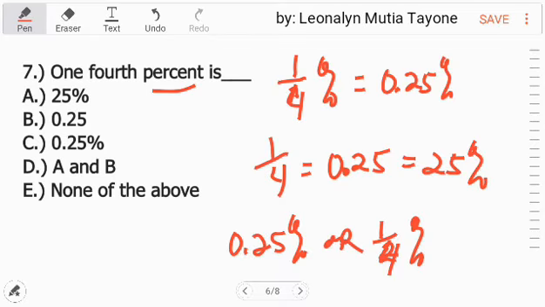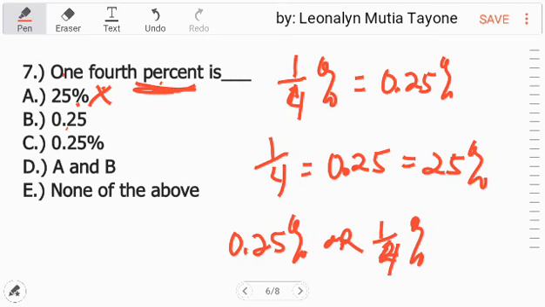Is it A, 25%? No, that is wrong. 1/4% has a percent sign. Next, 0.25. Unless it is just 1/4, then 0.25 is right. Now 0.25 and 25% are the same.